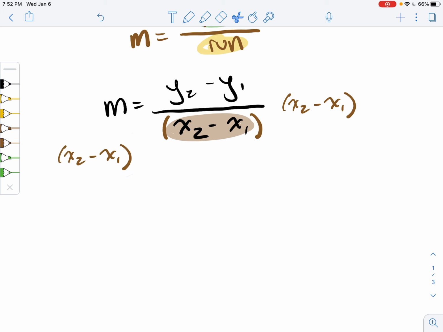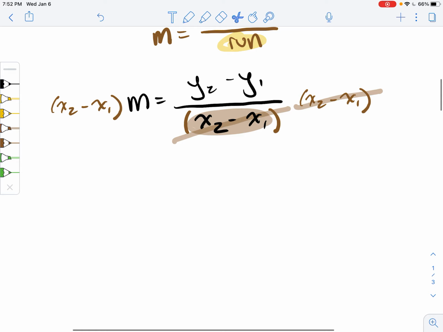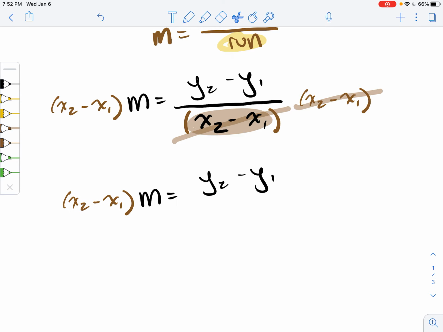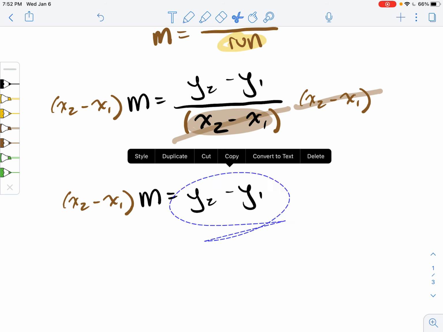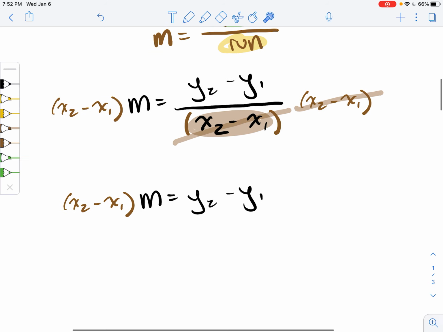It means as long as I multiply both sides by the same thing, then I'm okay. Because this x2 minus x1 and this x2 minus x1, they're going to cancel out, leaving me with x2 minus x1 times m equals y2 minus y1.